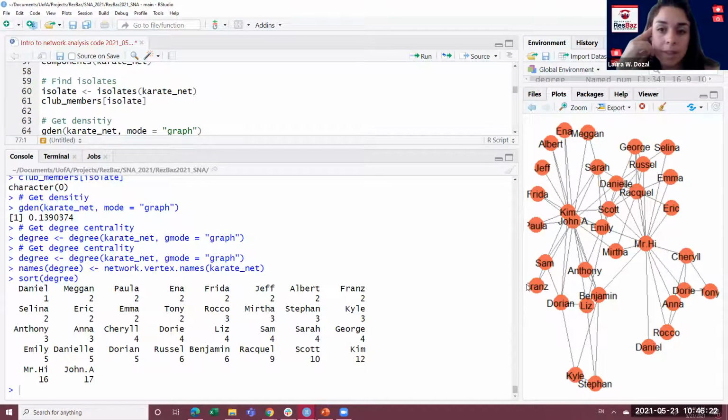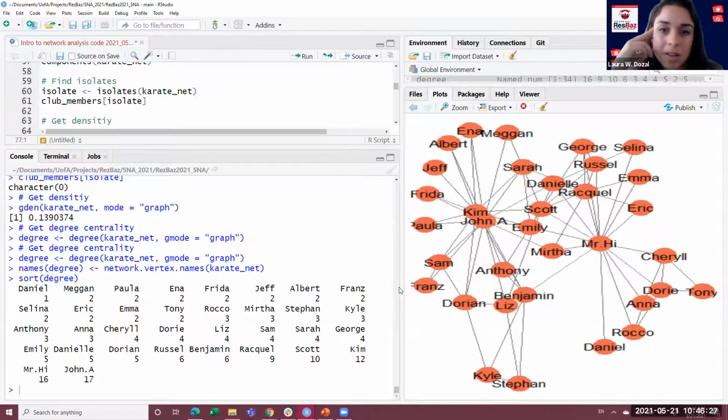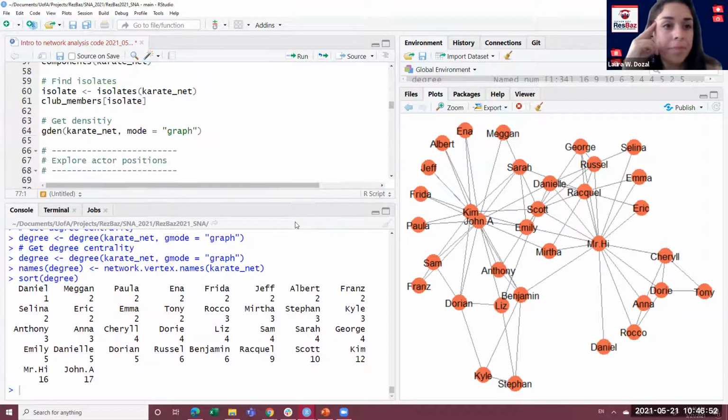We can compare the degree measures to the graph. If we try to find Daniel, he's right here and he only has one connection to Mr. High. Whereas if we look at Mr. High, he has 16 other connections.